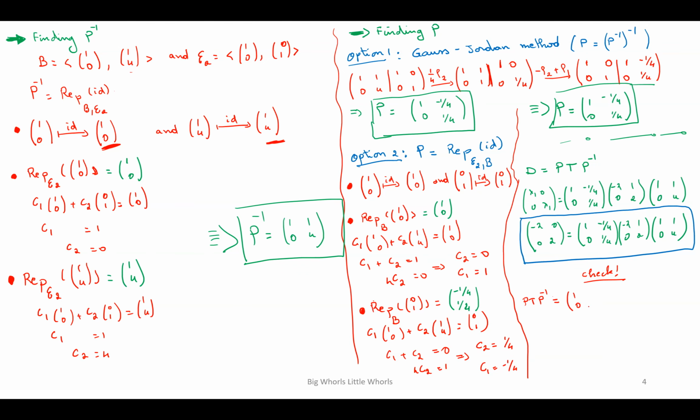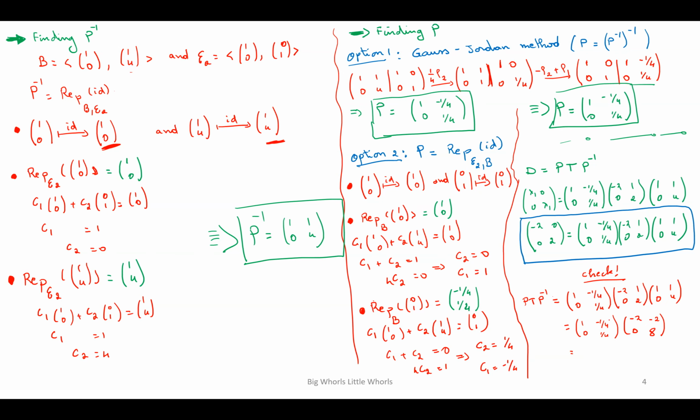So P is (1, 0), (minus a quarter, a quarter), multiplied by (minus 2, 0), (1, 2), multiplied by (1, 0), (1, 4). Let's multiply all of these together. Let's keep the first matrix the same, with the a quarter, and multiply these two. So here we have minus 2, minus 2 here, and also here minus 2. We have 0 here, and here we have 8. Now multiply these two.